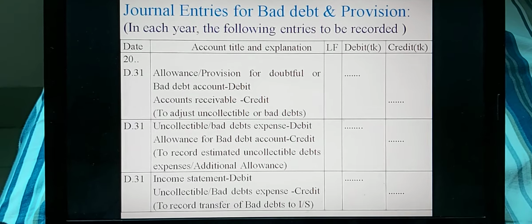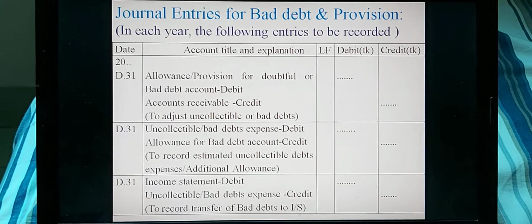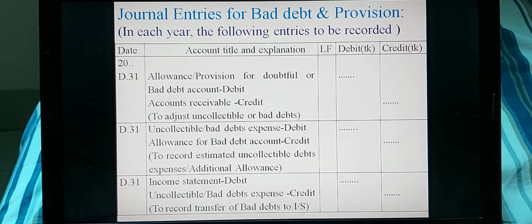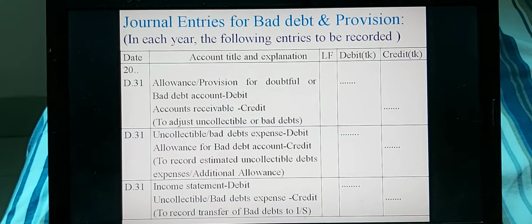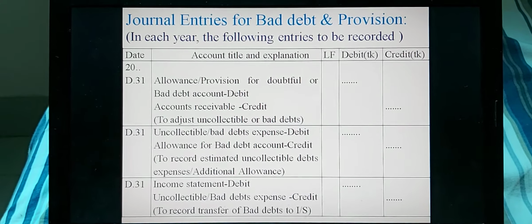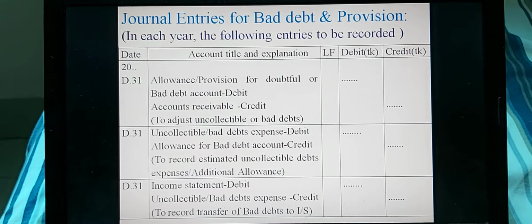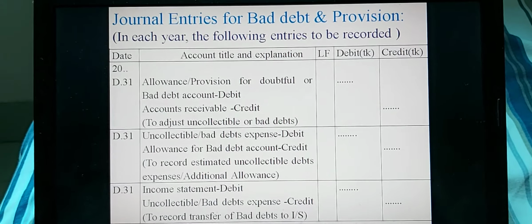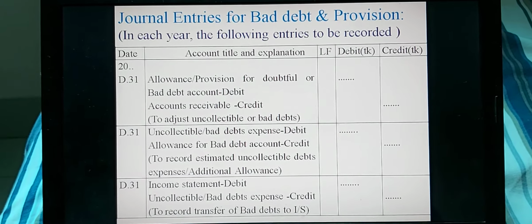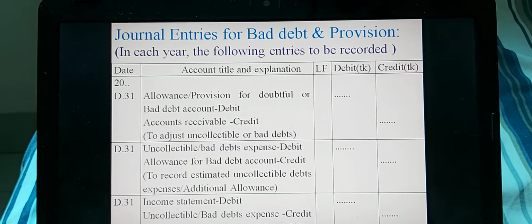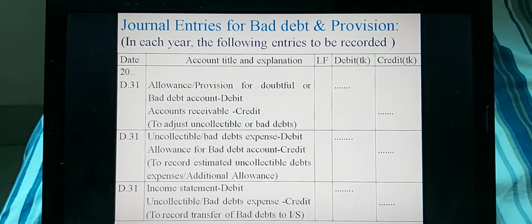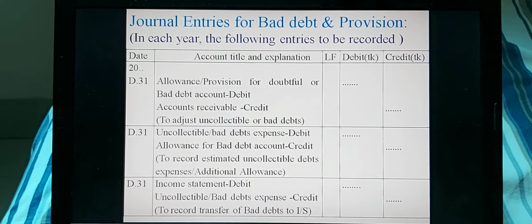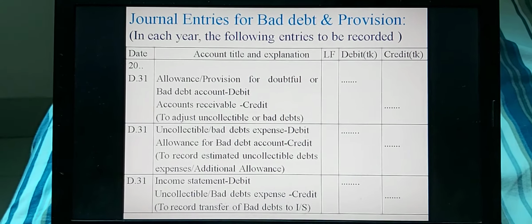Dear boys and girls, in this chapter, different types of requirements are available. Most of the time, you are required to prepare journal entries, a bad debt expense account and a provision for bad debt account, that is, the ledger for bad debt and the ledger for provision for bad debt.